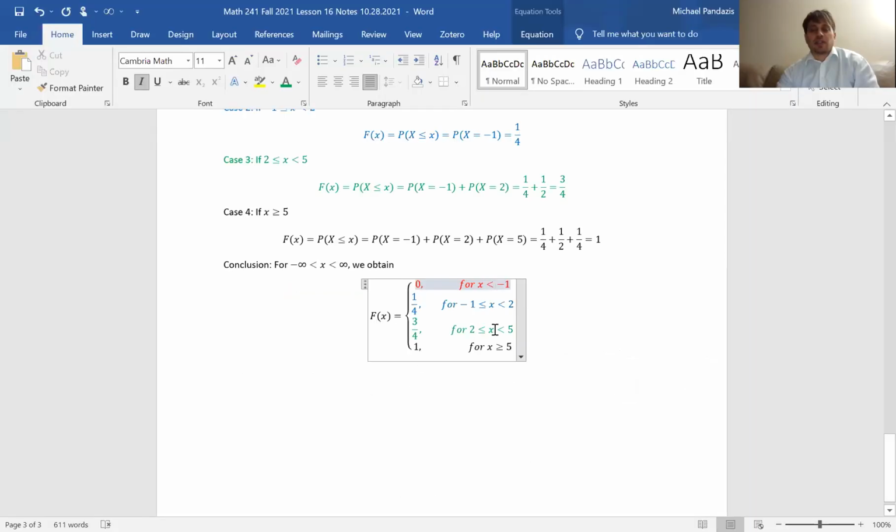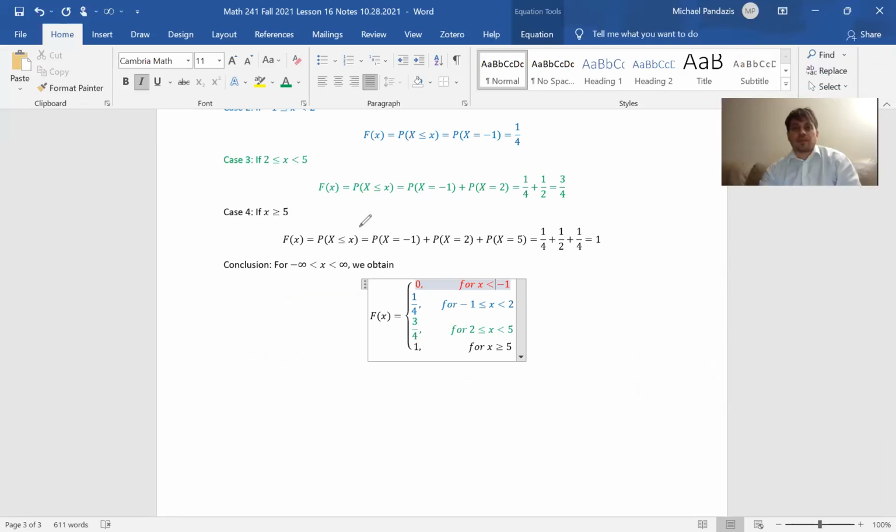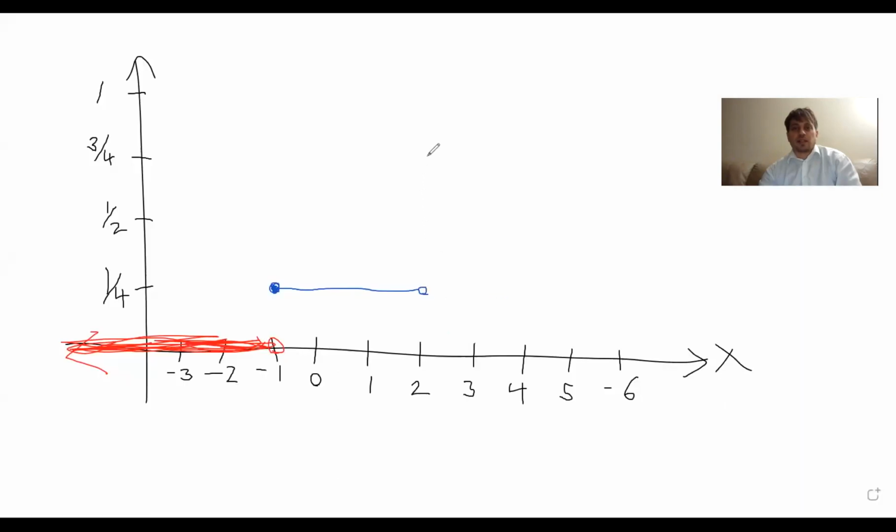It's from at least 2, but strictly less than 5, 3/4. So from 2, including 2, not including 5, the value stays constant, 3/4.